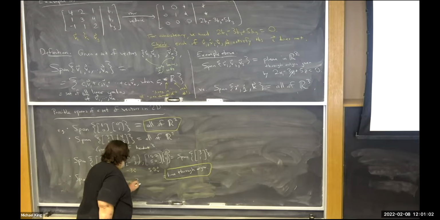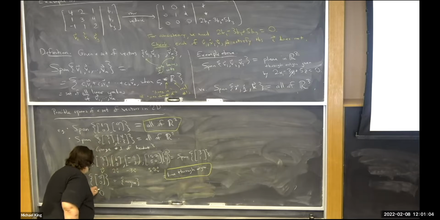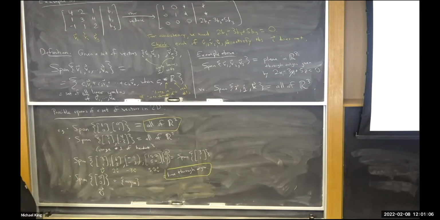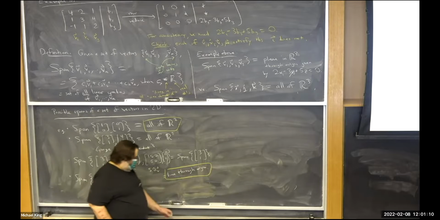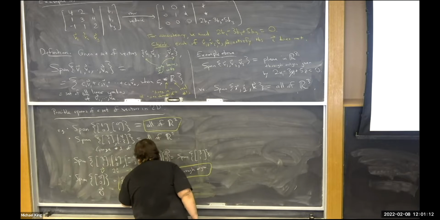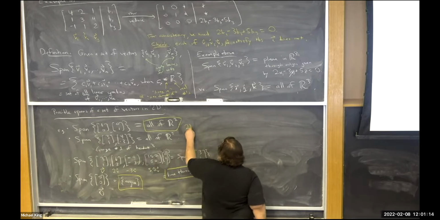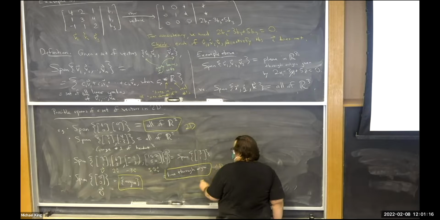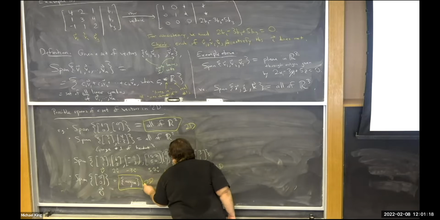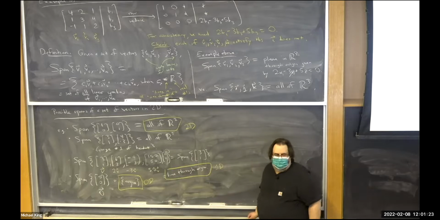Some people would write this as 0 with an arrow over it. And so that's also a possibility. Notice this is a 2D span, this is a 1-dimensional span, and this is a 0-dimensional span.